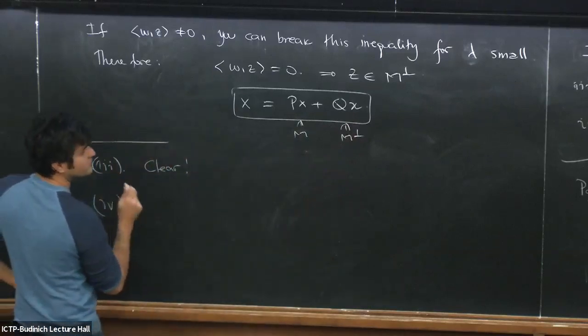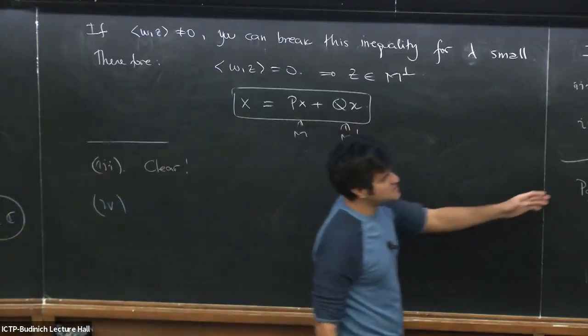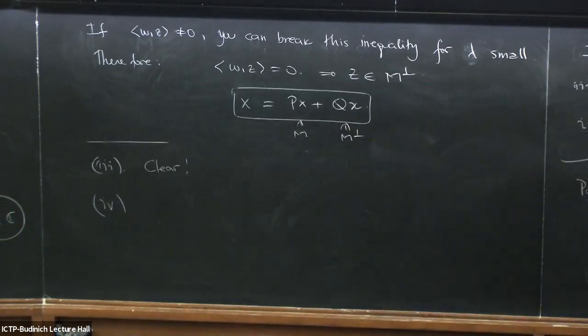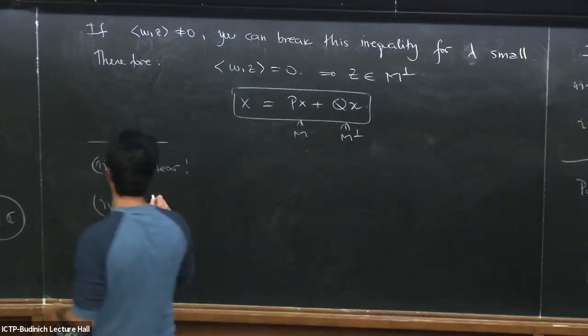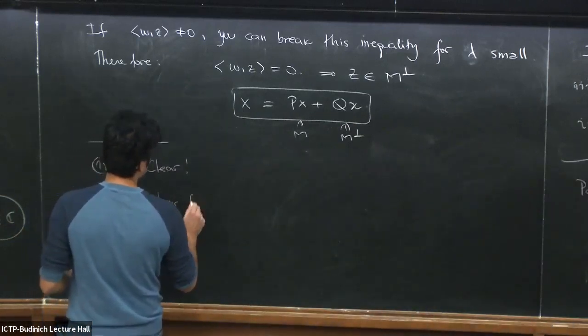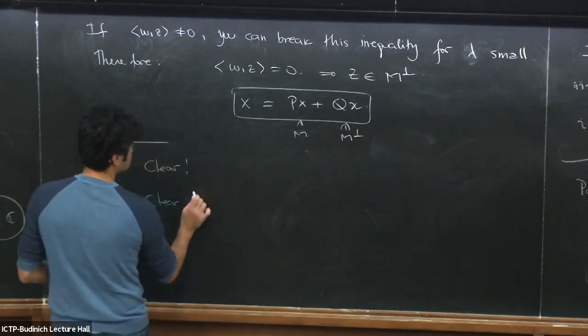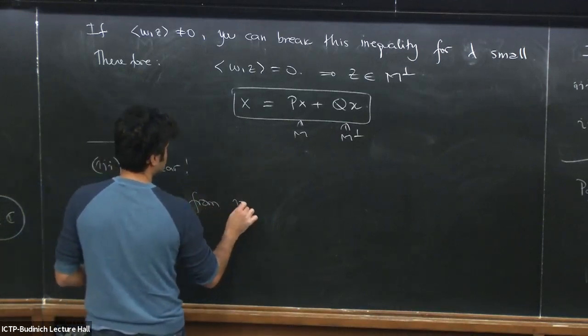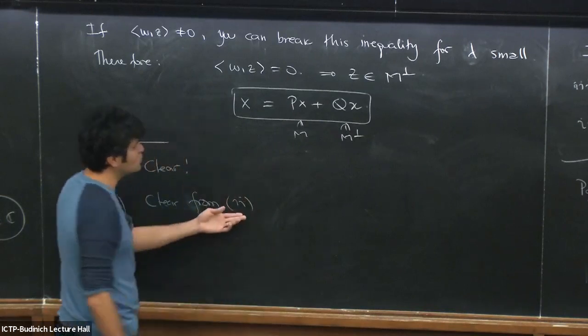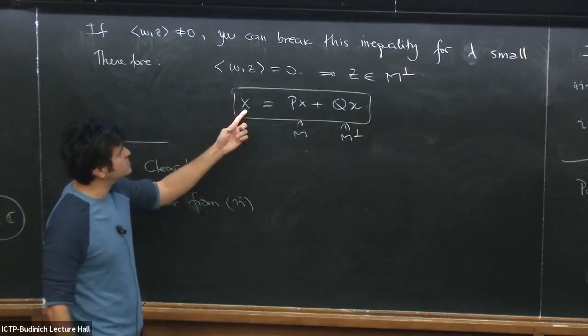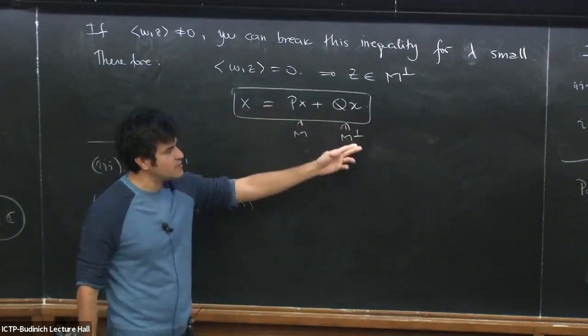And 4, the maps that you have just created are linear. This is also clear from 2. 2 is the statement that you can always decompose a vector x in one element in M and one element in M perp.